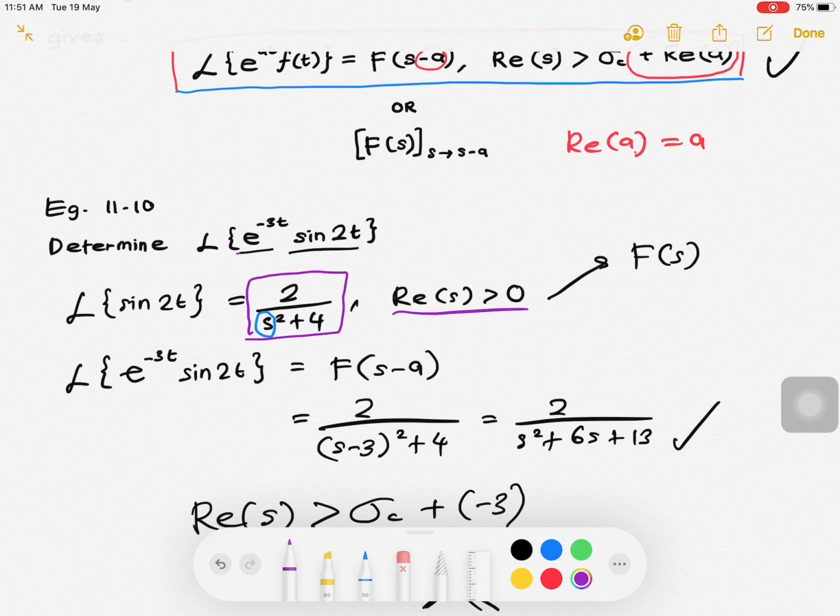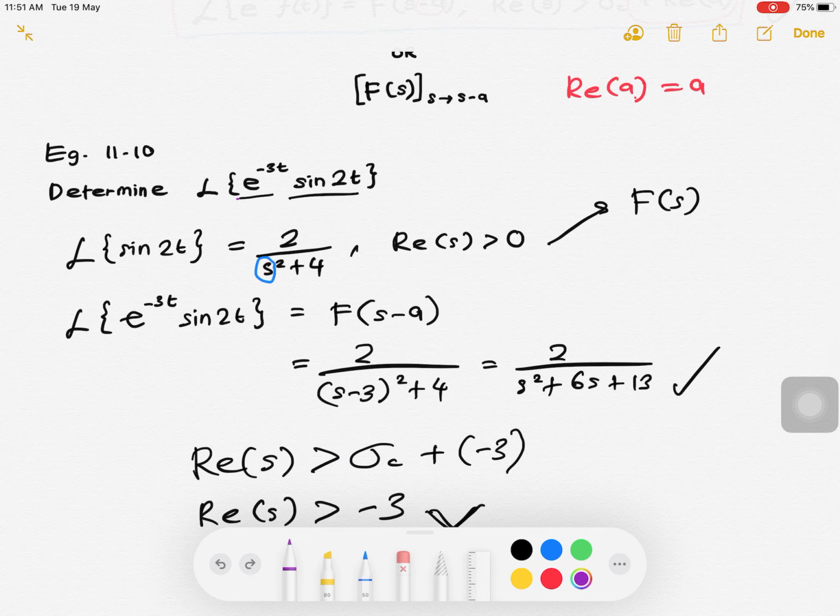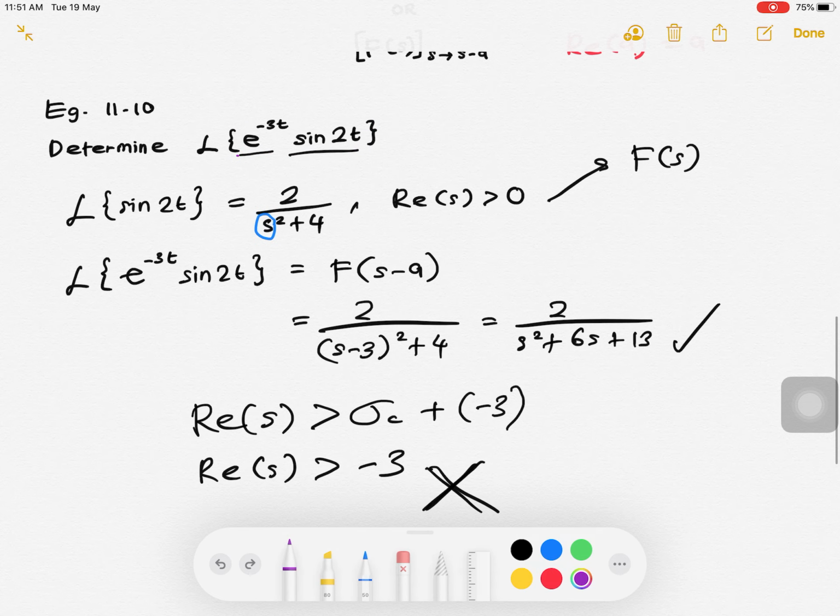So remember, this is the condition only for sine 2t transformation. Now we want to consider the whole function. So this is the formula that we have, the property that we have above. So we just replace s right here with s minus a.